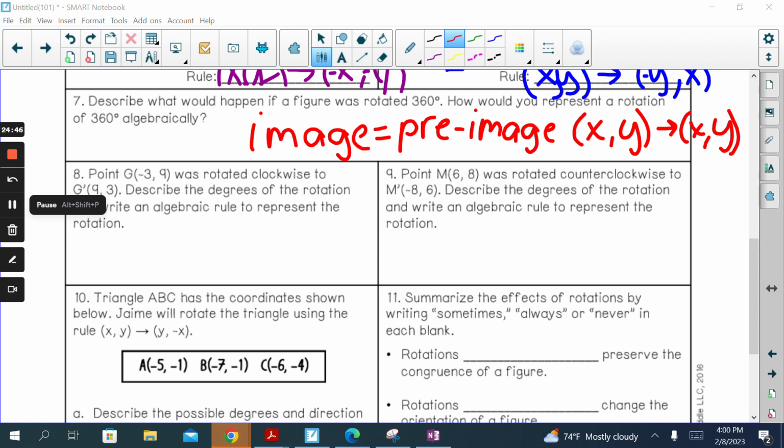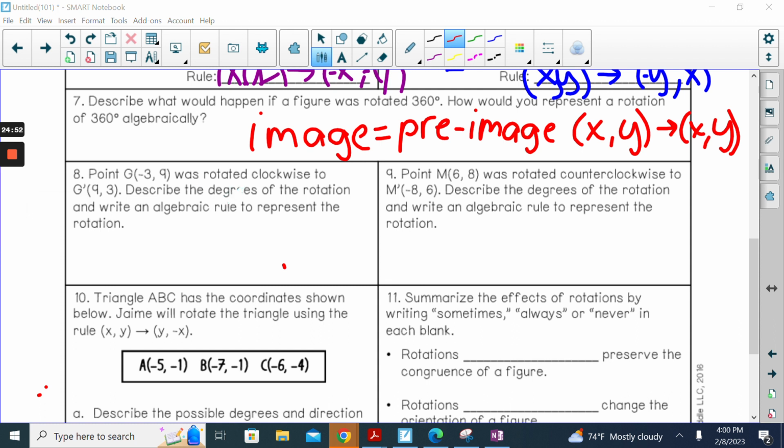So we have (-3, 9), and when we transform it, we have (9, 3). So when we are trying to figure out our rule, think about which number switched signs.